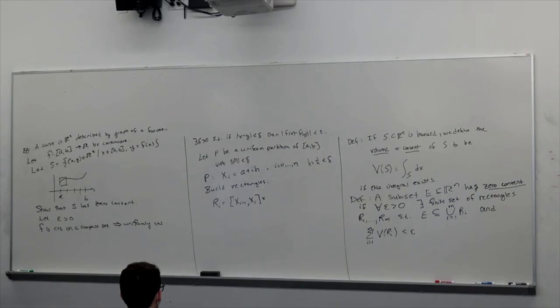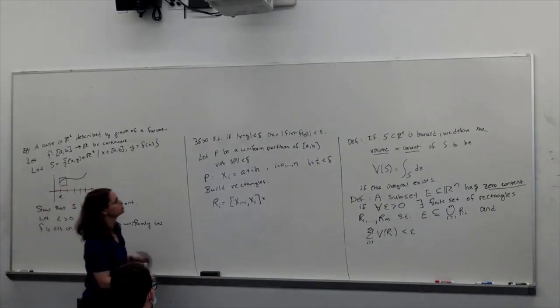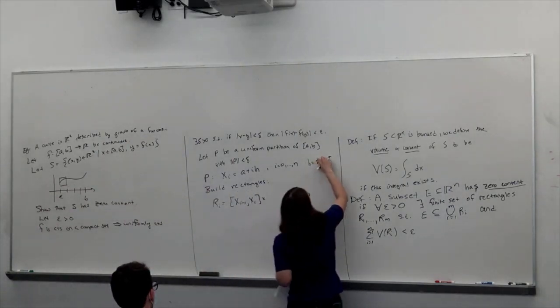And now we got to give it a height. And we got to be careful here. We need to make sure that our function stays in this rectangle. It's not allowed to come out and come back in, right? Should that be b minus a over n? That should probably be b minus a over n. Yes, thanks.